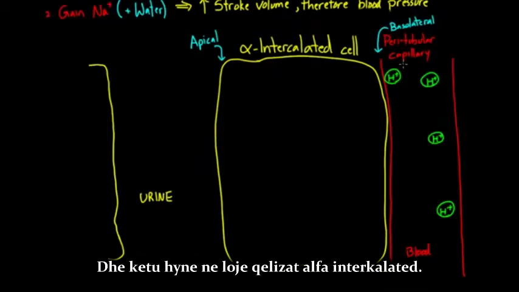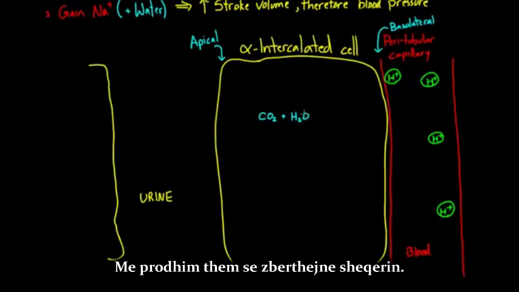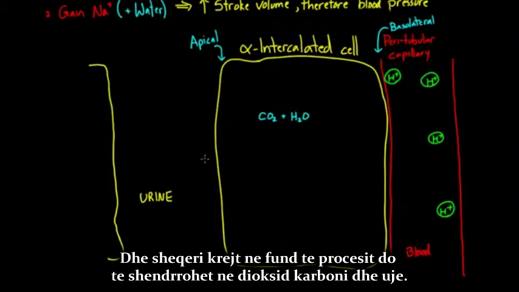And so here comes into play the alpha intercalated cell. Now, all cells are making carbon dioxide and water. I say making because we're breaking down sugar, and sugar at the very end of the process is turned into carbon dioxide and water.